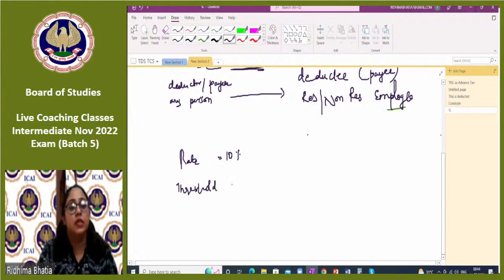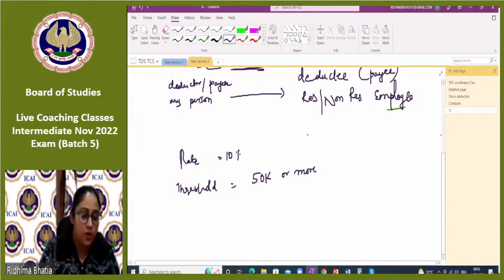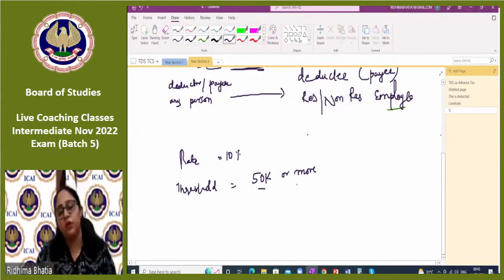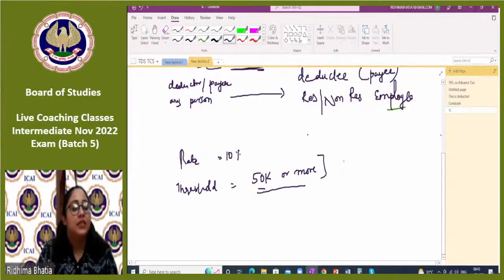The threshold is that if the amount withdrawn is 50,000 or more, then TDS applies. Less than 50,000, no TDS. 50,000, yes TDS. 51,000, obviously TDS. So 50,000 or more, then the TDS has to be deducted.